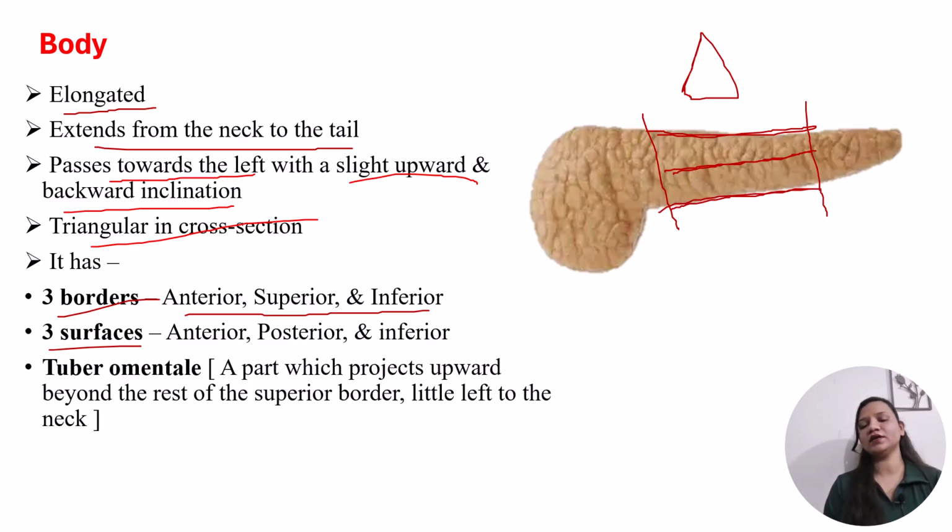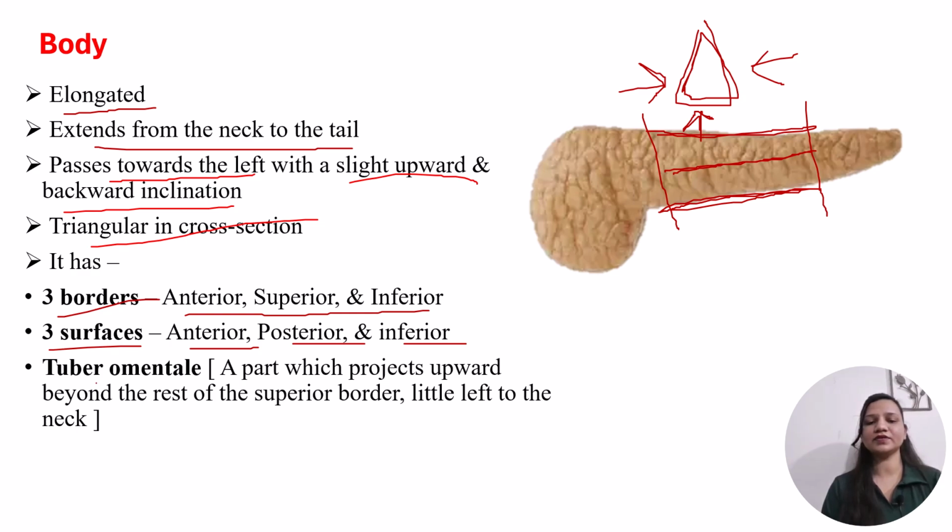And if we see in a triangular cross section, there are 3 surfaces also, the anterior, posterior and inferior surface. So, this will be the anterior surface, this will be the posterior surface, and then there will be an inferior surface.